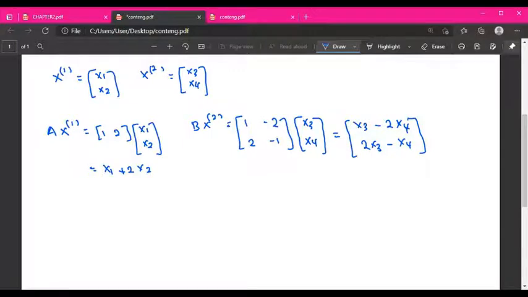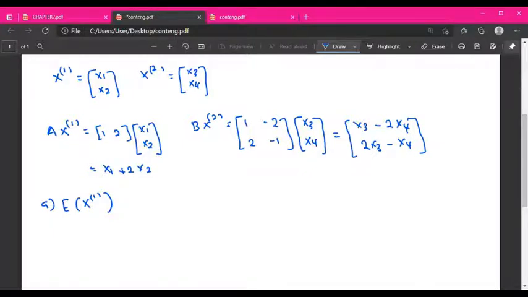Okay, soalan dia nak dapatkan find the expected of X1. Expected of X1, which is the expected of this matrix. Okay, dalam information given, it gives us the vector of the mean, kan? So daripada sini kita boleh partitionkan dia juga.